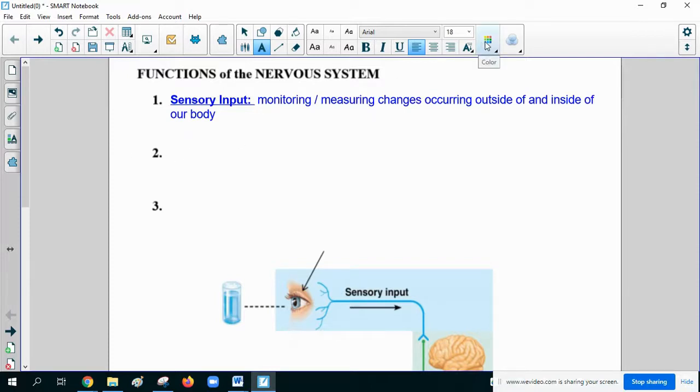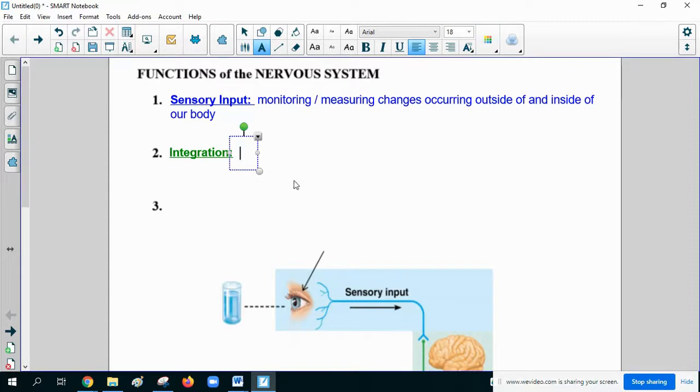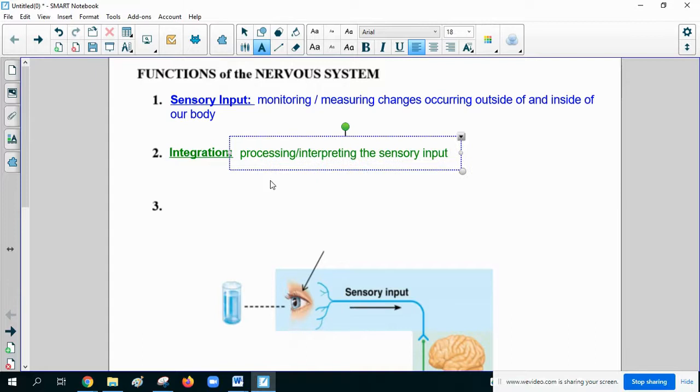Function number two is called integration. Now, integration is a pretty fancy word, but really what it means is you're processing or interpreting that sensory input. It's the thinking. In addition, integration means not only are you able to understand what that information is that's coming in, what you're seeing, what you're hearing, but you're able to make a decision about what to do about that information.